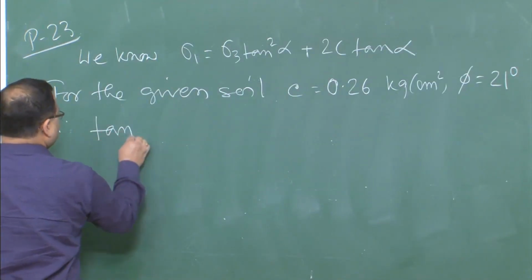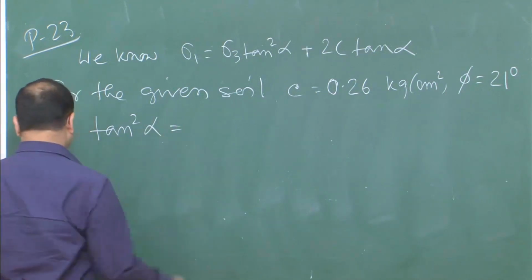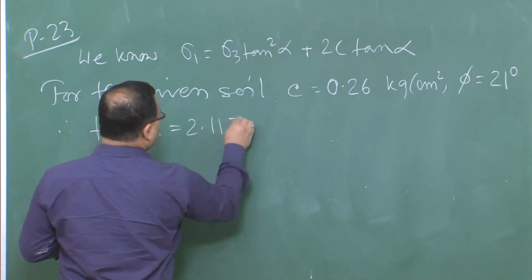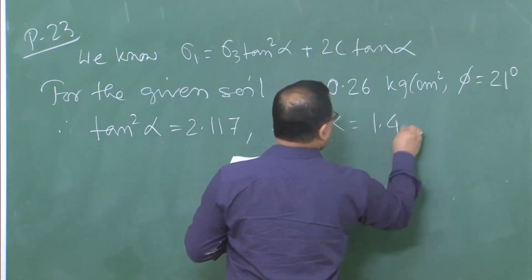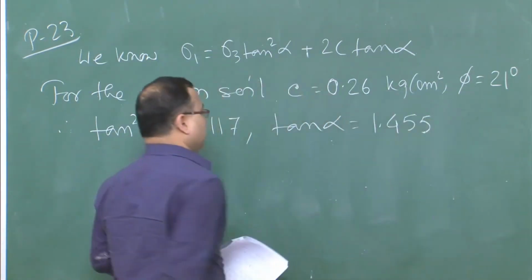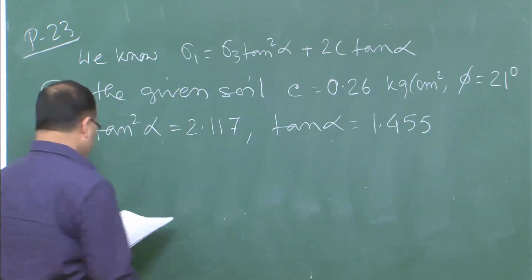Therefore, tan square alpha will be 2.117 and tan alpha will be 1.455.